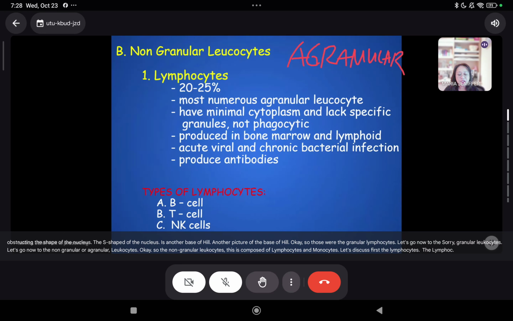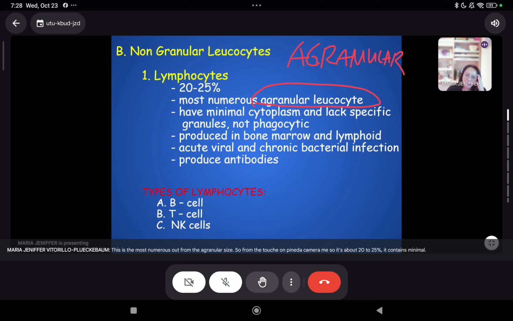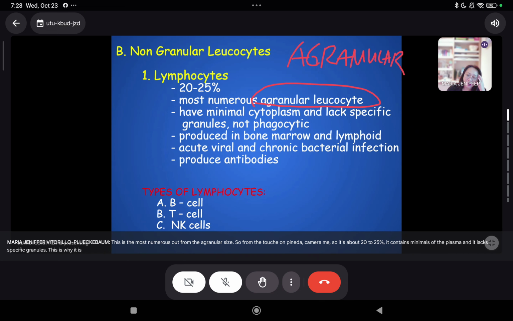The lymphocytes are the most numerous of the agranular leukocytes. From the two, they are the most abundant, about 20 to 25%. They contain minimal cytoplasm and lack specific granules. That is why they are called agranular. They are non-phagocytic, so they do not phagocytize microorganisms.